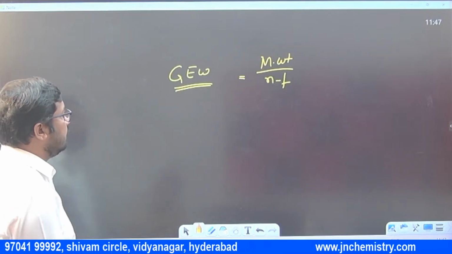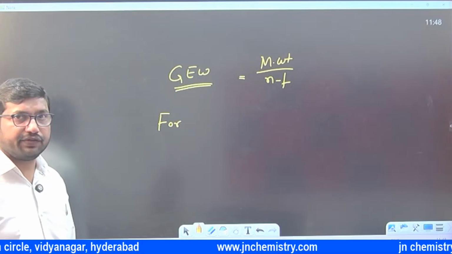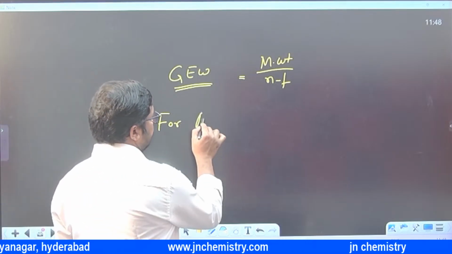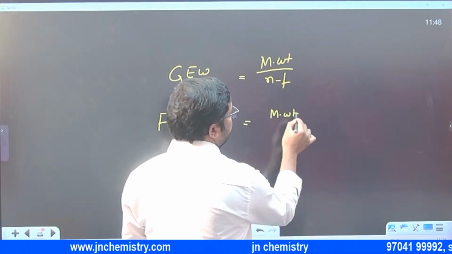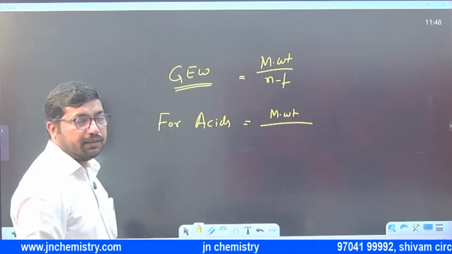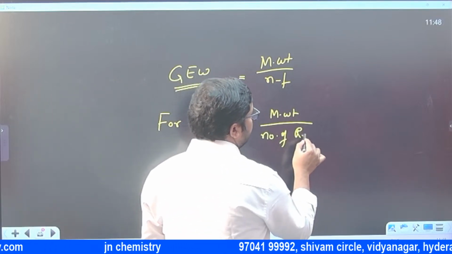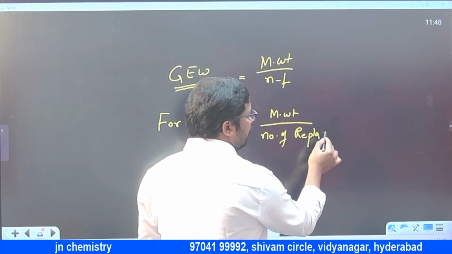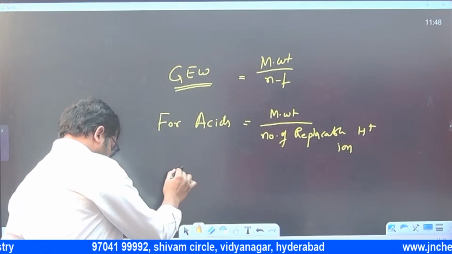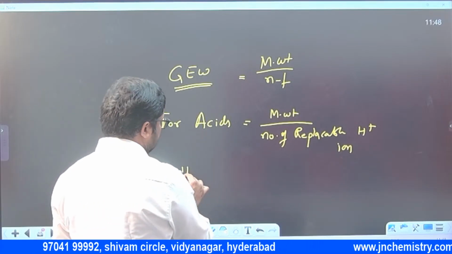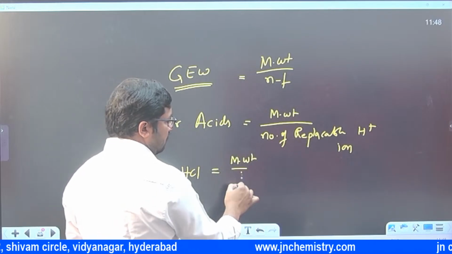So is the n factor different for acids, for bases, for salts, for oxidizing and reducing agents? Well, for acids it is molecular weight by the number of replaceable H plus ions. For example, HCl: molecular weight by 1.